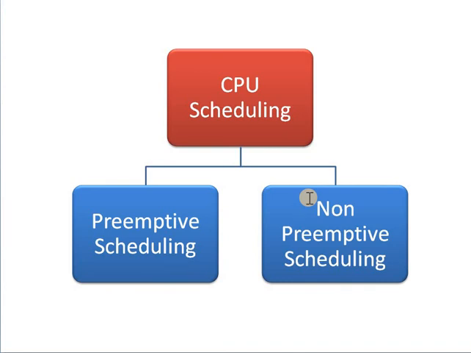After it completes, the CPU is assigned again to the earlier process. In non-preemptive scheduling, if we assign a CPU to a process, that process keeps the CPU until it releases it. This is the main difference between preemptive and non-preemptive scheduling.